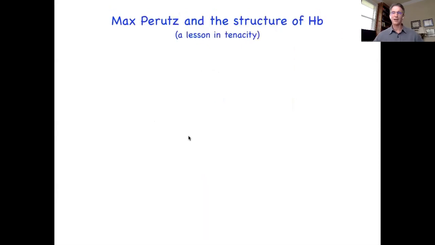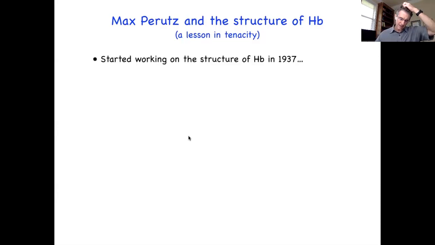Okay, well, the person who started looking at that to begin with, the person who solved it, was a man by the name of Max Perutz, right? He began the study of hemoglobin in 1937 at the Cavendish lab with Lawrence Bragg, John Kendrew, and some of the other great famous people who built what we think of now as structural biology, initially around X-ray crystallography.